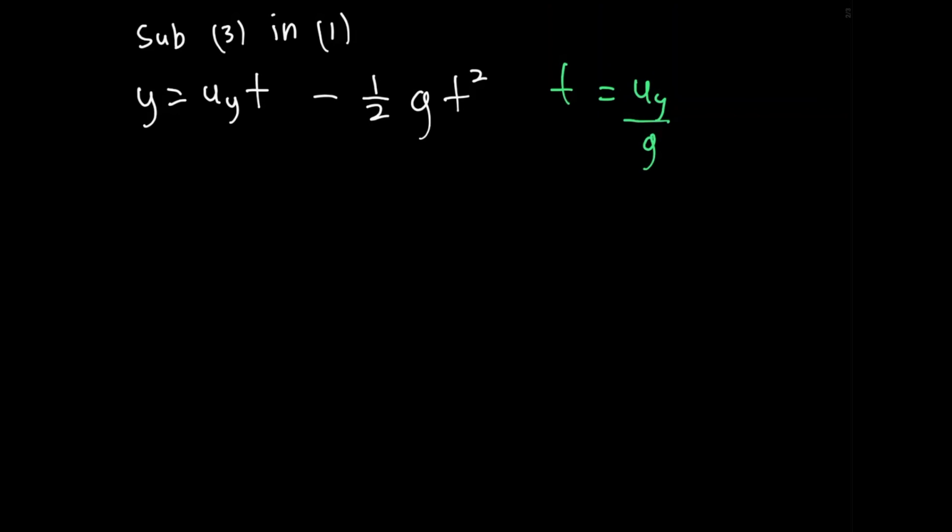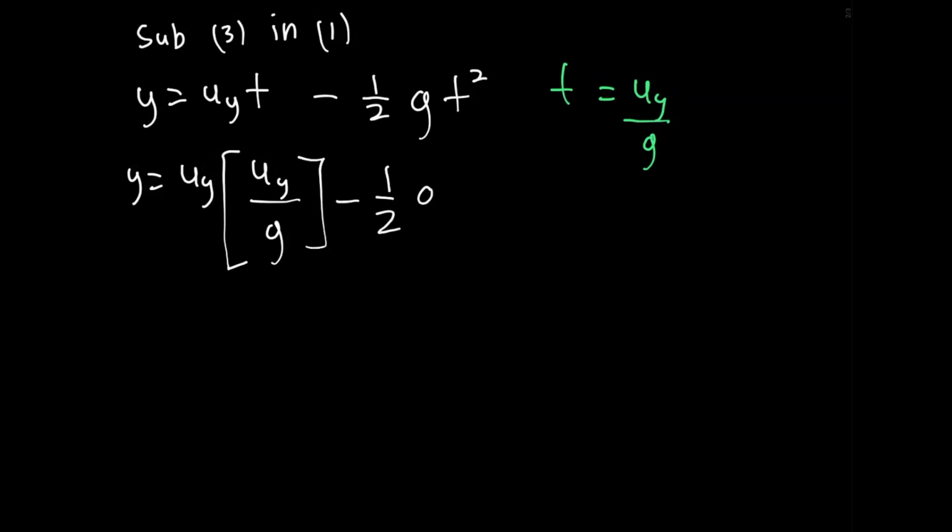So let's sub it in. So y is equal to uy, then we sub in uy over g, minus a half g, then uy over g all squared.